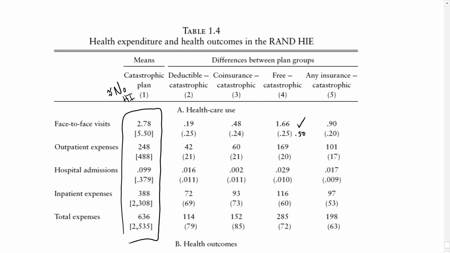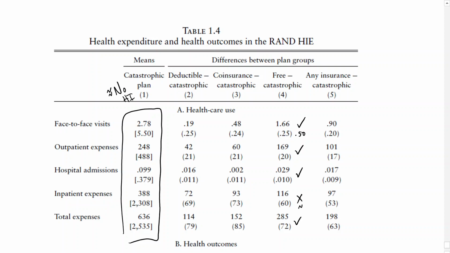They also had more outpatient expenses, because 169 is greater than 40, which is 2 times the standard error. They had more hospital admissions. They had more inpatient expenses, and they had more. Oh no, this one is just barely not statistically significant, because 2 times 60 is 120.